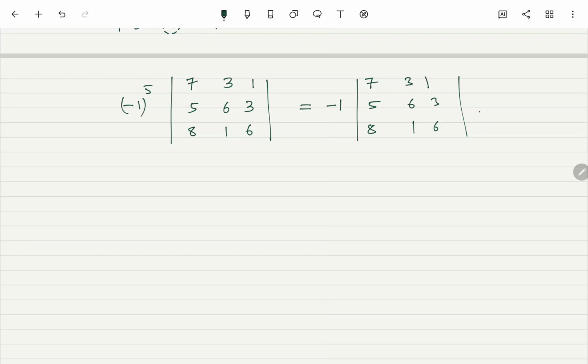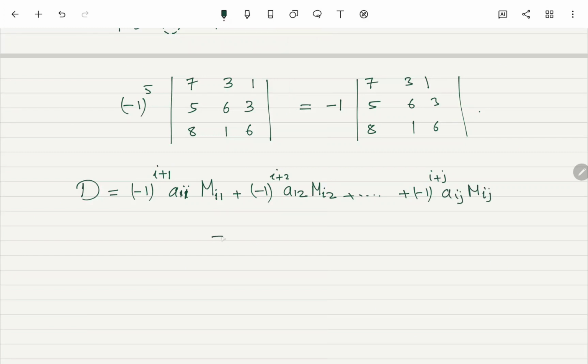In this case here, the determinant D is equal to minus 1 to the power i plus 1, Ai1 Mi1, plus minus 1 to the power i plus 2, Ai2 Mi2, until minus 1 to the power i plus j, Aij Mij, plus minus 1 to the power i plus n, Ain Min.